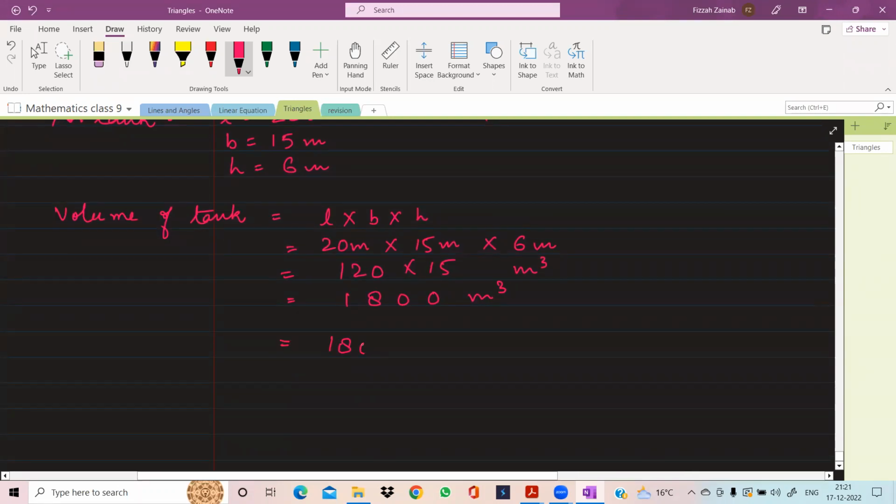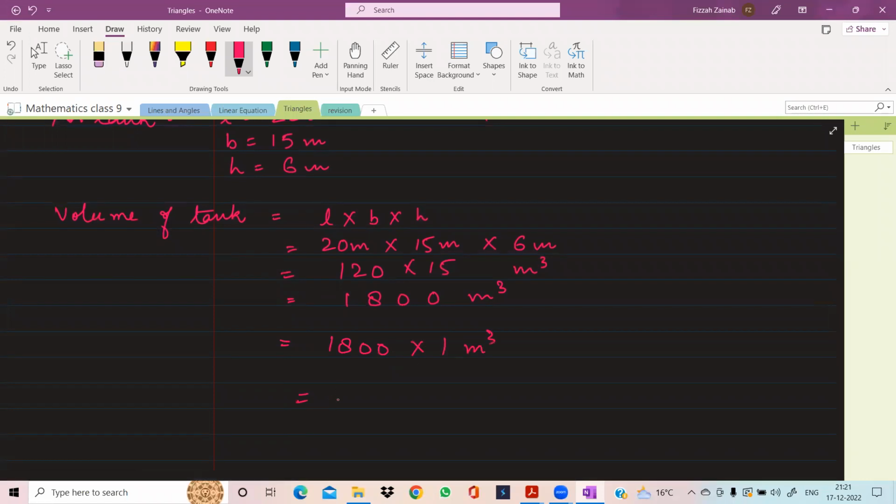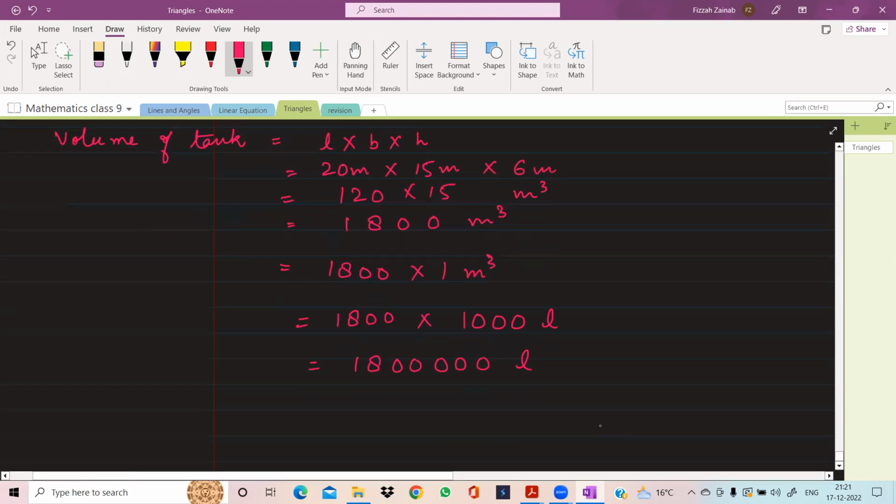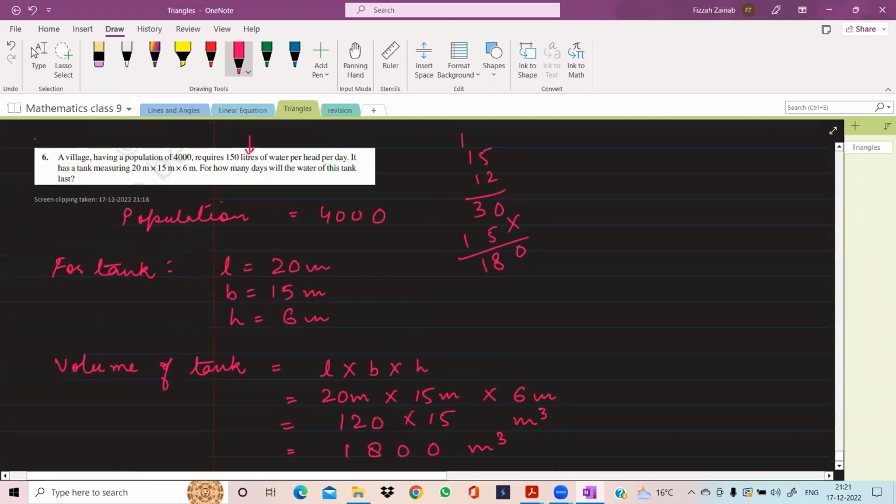So this is 1800 into 1 meter cube I can write. And then this is 1800 into, now 1 meter cube is actually equal to 1000 liter as we have seen, right? So this is 18. Now you have 5 zeros, so write carefully. 1, 2, 3, 4, 5 liter. Understand? So this is the volume of the tank in liter. Okay. Now come back to the question.